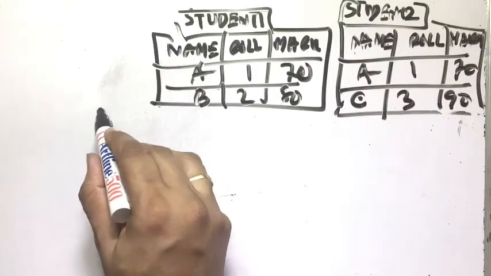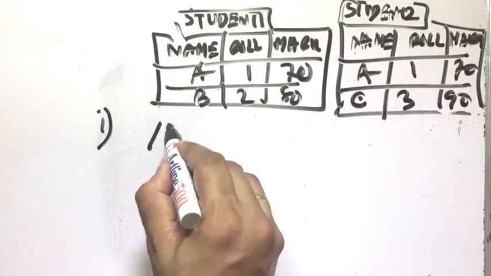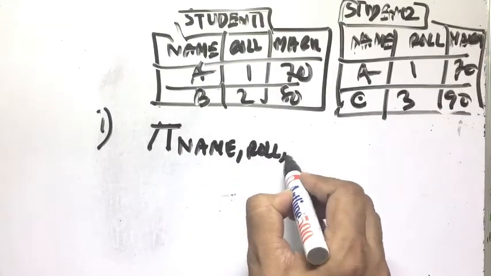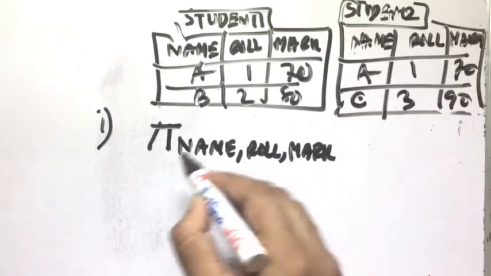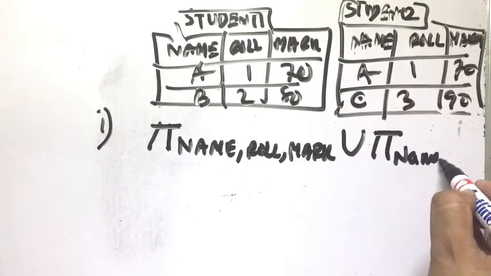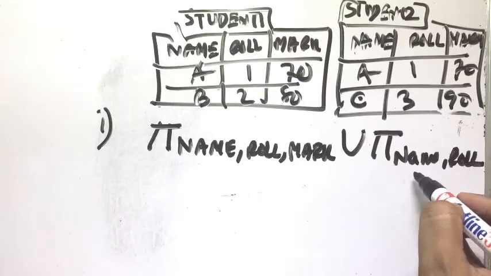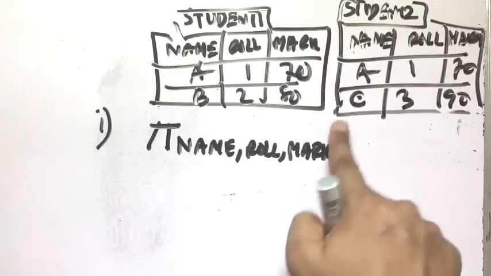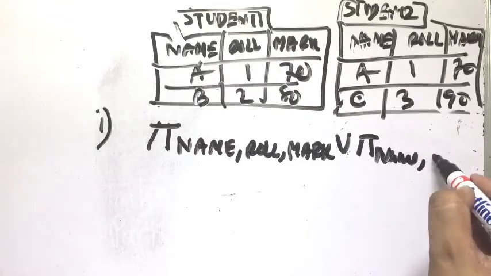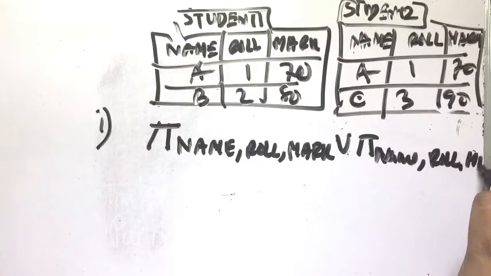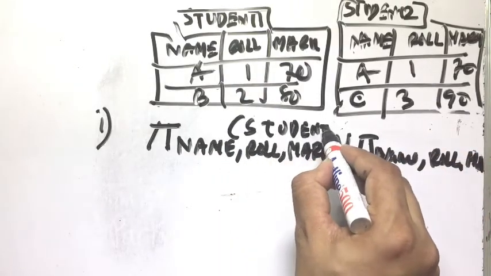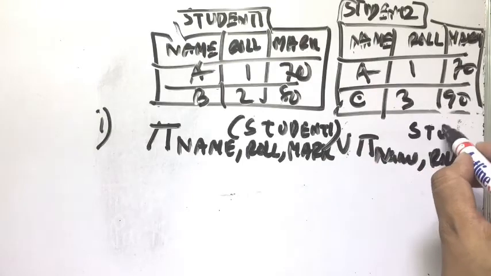Now when we perform number 1, the union operator, pi name roll mark union pi name roll mark. The first table is student 1 and the second table is student 2.